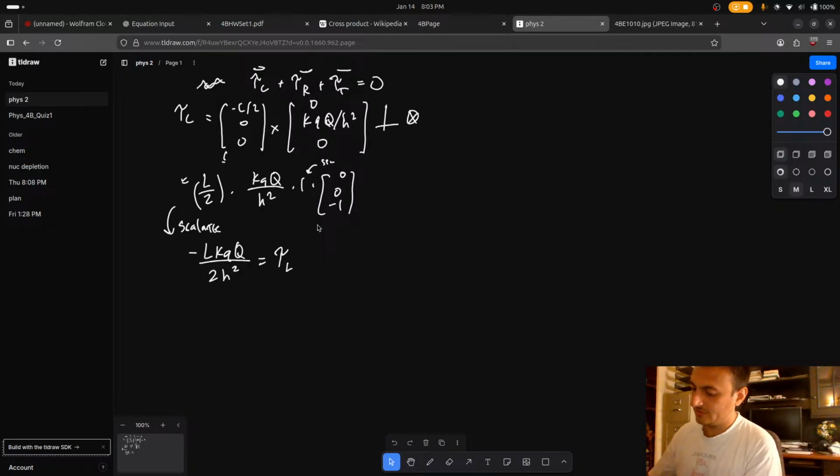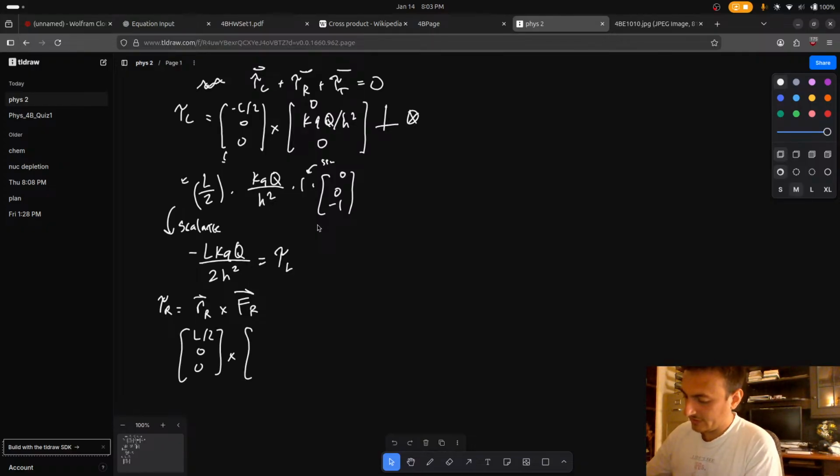Okay, now let's do the torque on the right. So this is going to be equal to R_R cross F_R. So this is going to be L over 2, 0, 0 cross 0, 2kQQ over h squared, 0.